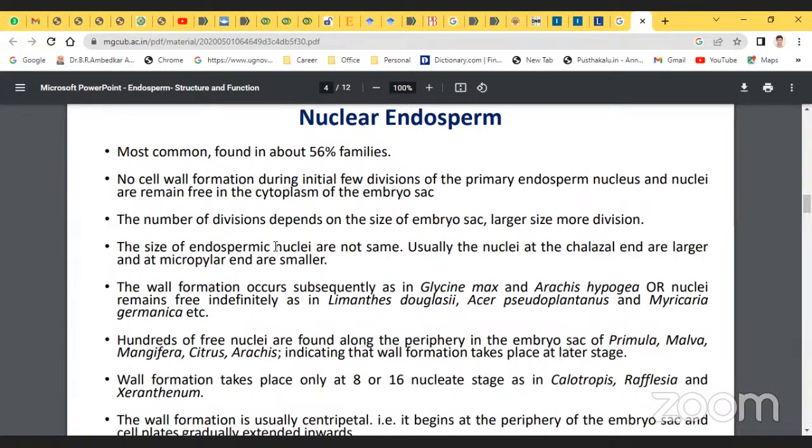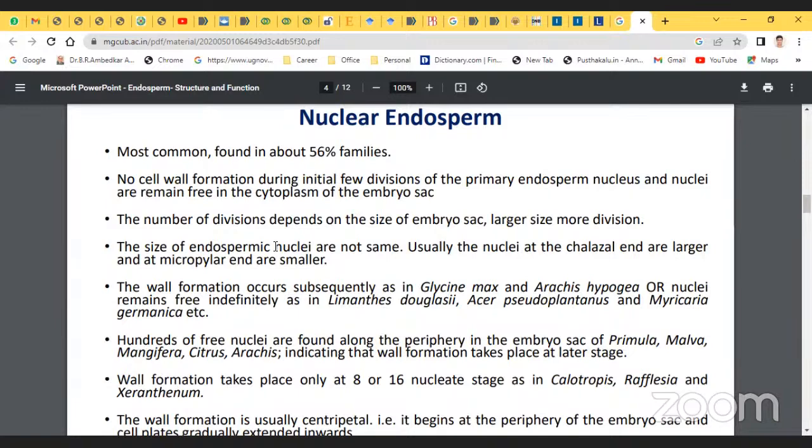Next, wall formation occurs subsequently in Glycine max and Arachis hypogaea, while the nuclei remain free indefinitely in Limnanthes douglasii, Acer pseudoplatanus and Myricaria germanica.